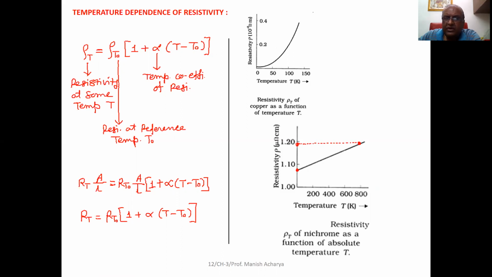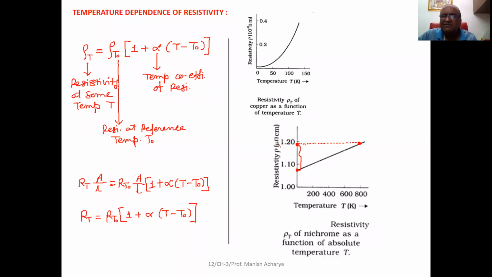So roughly you can observe this thing: the change in temperature is up to 800 Kelvin, and corresponding to that, the change in resistivity, if we take this one, is nearly 1 micro ohm, so 10 raised to minus 6 ohm centimeter.